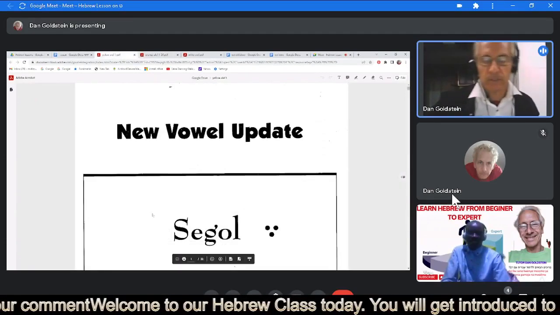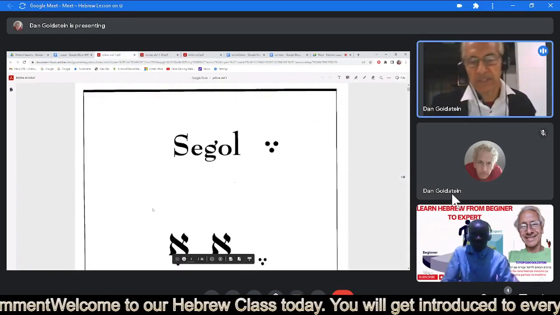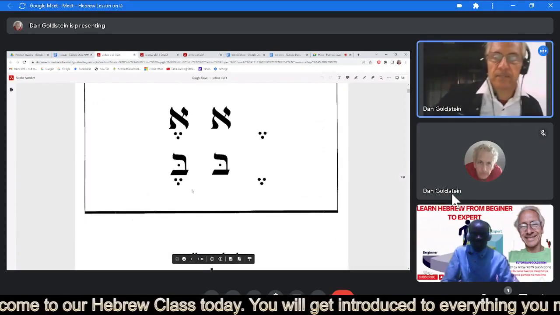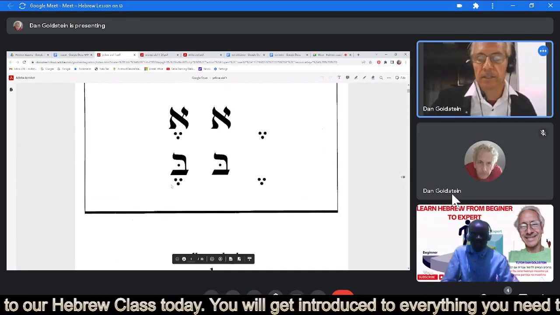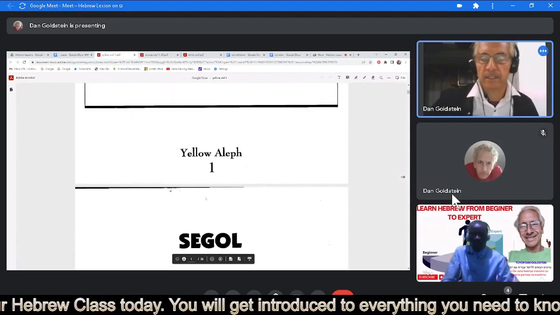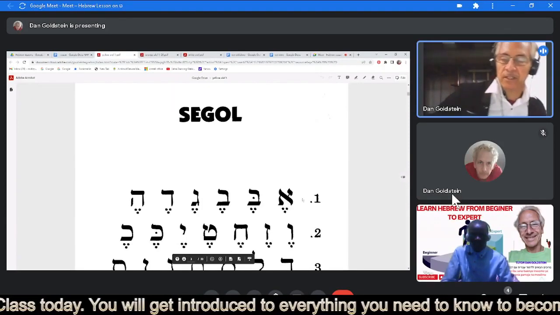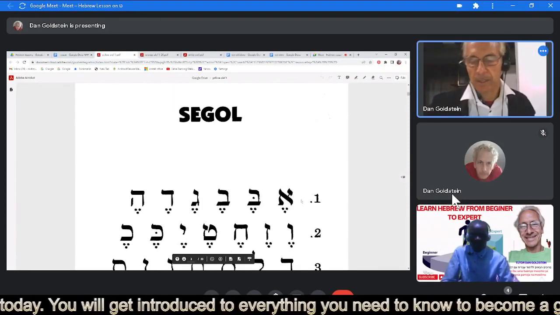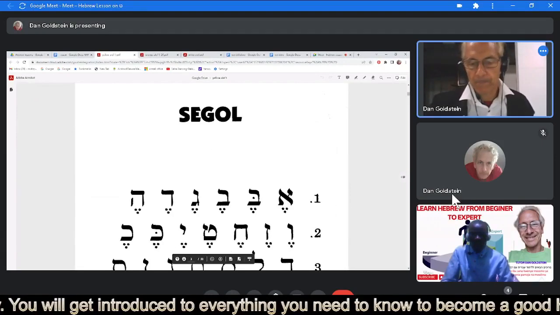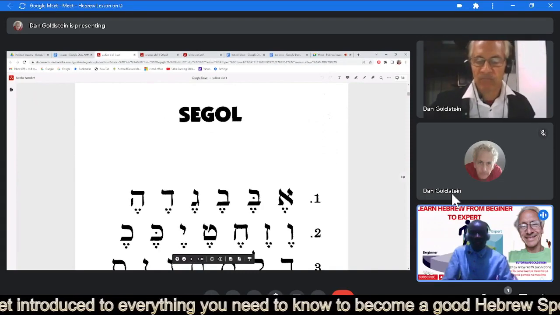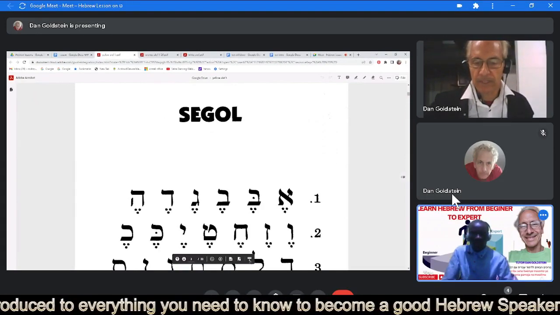The first of them is the segol. And this is three dots forming a triangle on the bottom of the consonant. And if you kindly recite, starting with line 1. A, not A, sorry. E. Right.